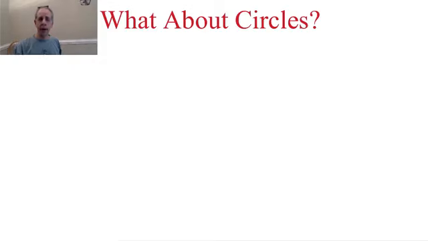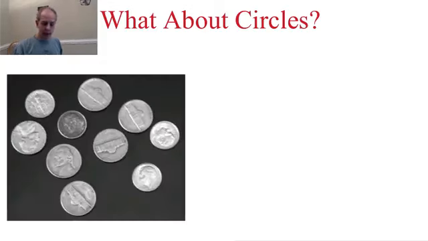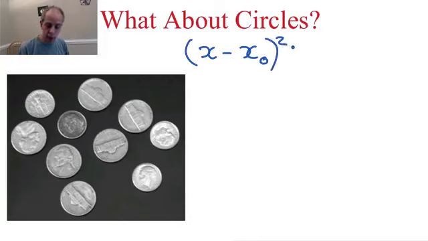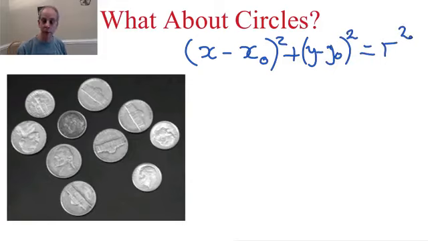What about circles then? So here we have an image of circles, and we want to know if we can find the circles using the Hough transform. The idea is exactly the same. Now a circle can be written in the following form: (x minus x0) squared plus (y minus y0) squared equals the radius squared.